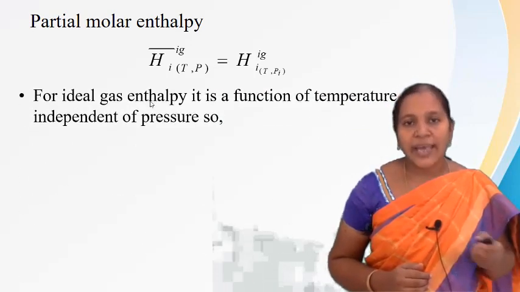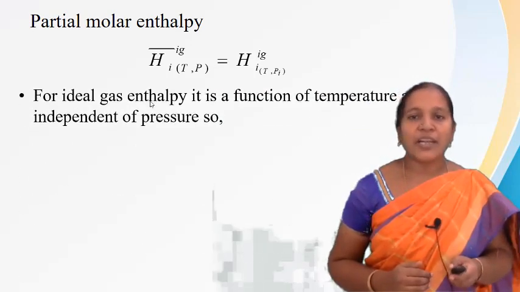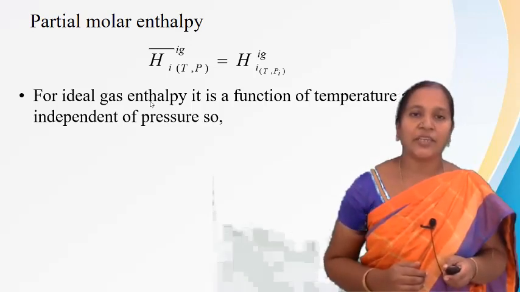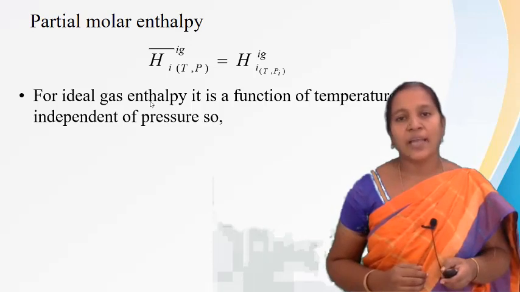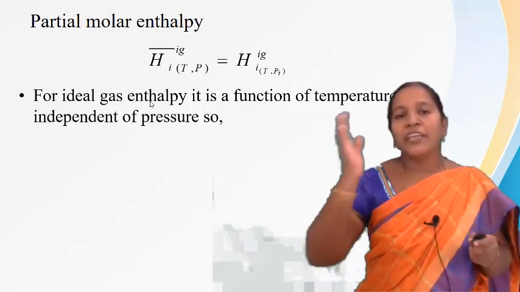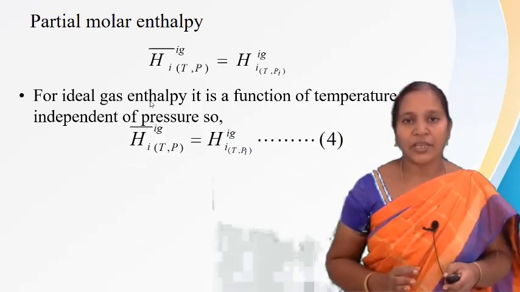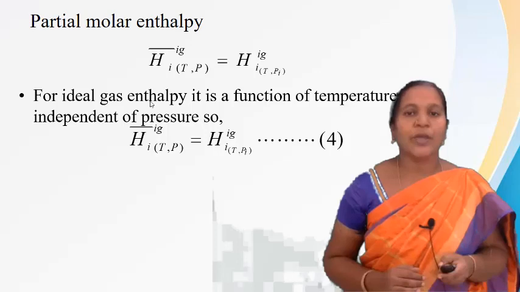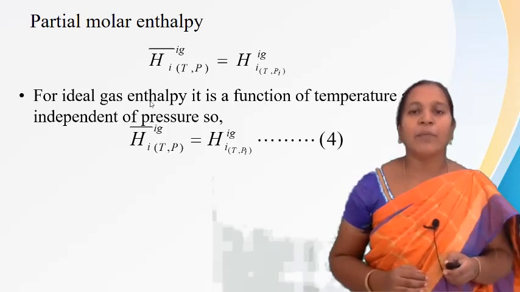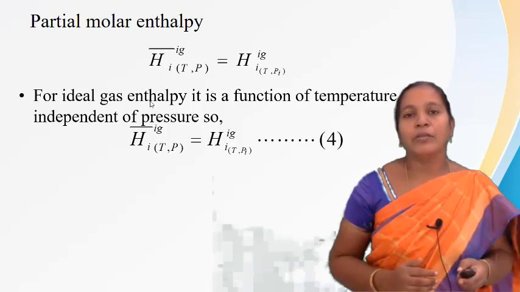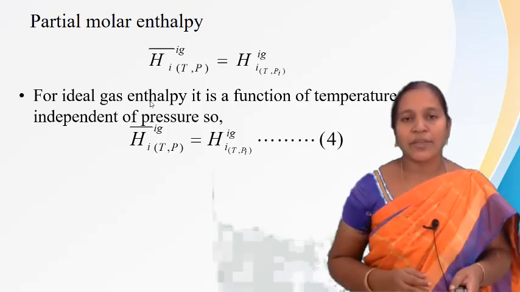For ideal gas, enthalpy is a function of temperature and independent of pressure. So Hi bar ig at T comma P is equals to Hi ig at T comma Pi. This is coming from Gibbs theorem. Noted this equation with equation 4.